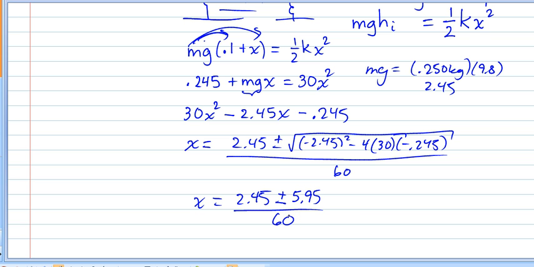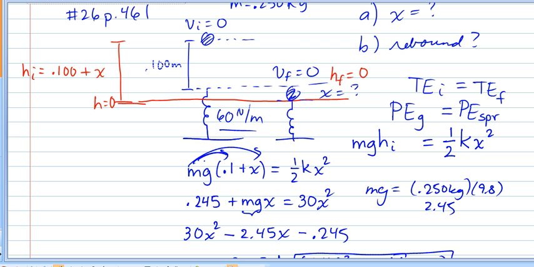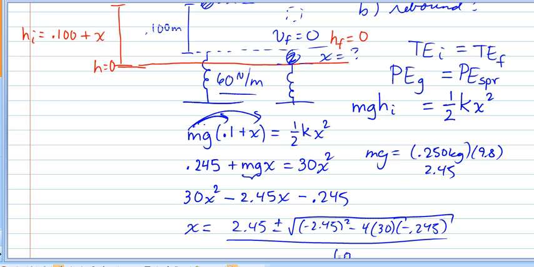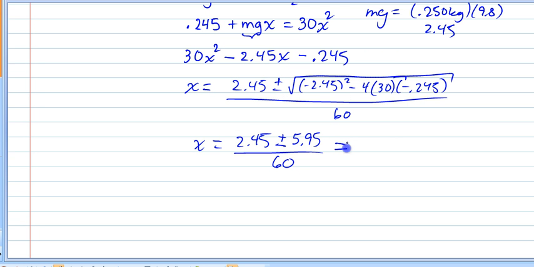And we actually have to add them together for this. That's the only one that works. We can't get a negative number for x because what that says is that the spring is actually extended up, and that doesn't really make sense for this situation. Okay, so we're going to conclude that x has to be equal to 0.14 meters. And that, in fact, is the correct answer.